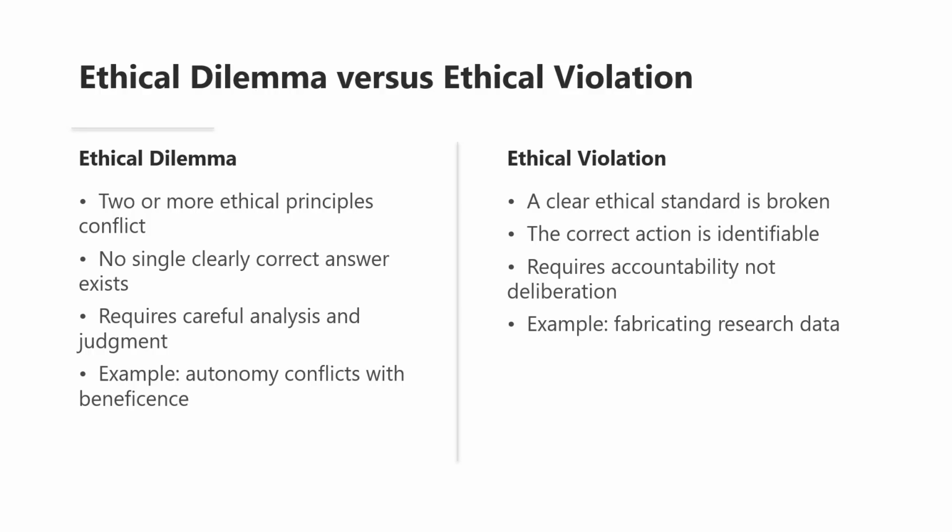Now here's why this distinction matters so much for your exam. Different types of scenarios require different types of responses. Some scenarios present genuine dilemmas where you need to apply a structured decision-making framework to weigh competing principles.